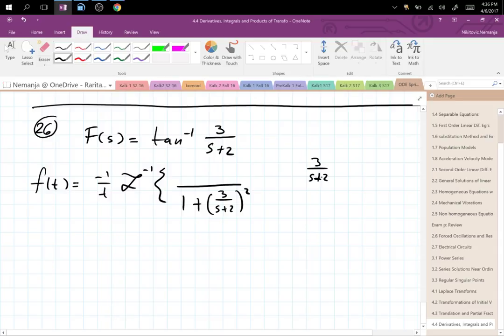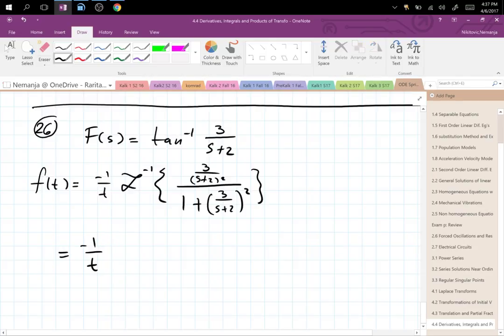The derivative of this thing now is negative 3 over s plus 2 squared, with only the denominator squared. Alright, so now that we have that part, just a little bit more algebra.